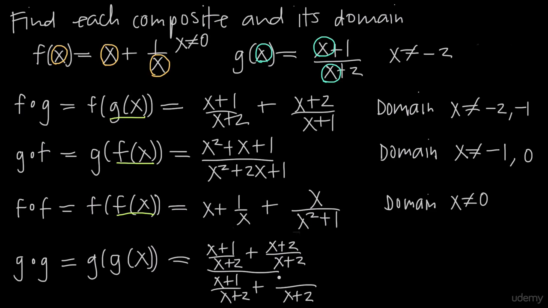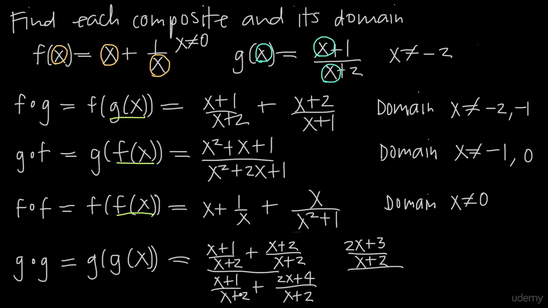So 2 times x plus 2 is going to be 2x plus 4 when we distribute that 2 across the x plus 2. So now we have common denominators, and this numerator here becomes x plus 1 plus x plus 2 all over x plus 2. So we end up with 2x plus 3 over x plus 2.